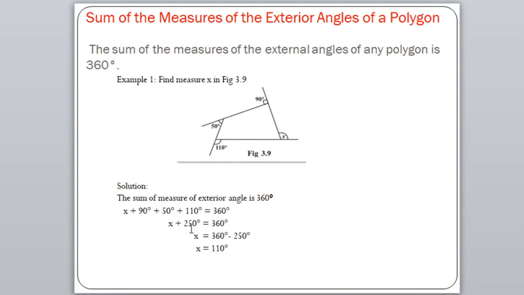So x plus 250 degree equals 360 degree. Now we want the value of x, so we transfer the 250 degree to the other side. So x equals 360 degree minus 250 degree, therefore x equals 110 degree. So 110 degree is the measure of this exterior angle.